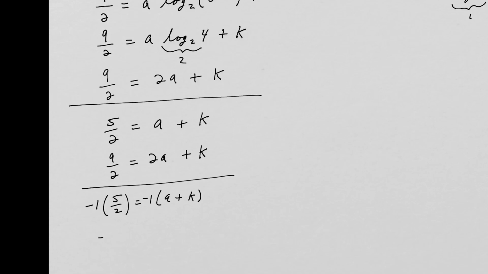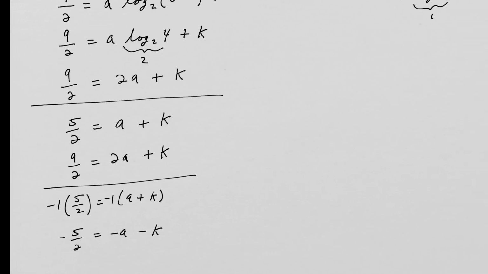Then this will become negative 5 halves is equal to negative a minus k. I'll put the variables on the left-hand side, so I have negative a minus k is equal to negative 5 halves. The second equation I can just leave: 2a plus k is equal to 9 halves.